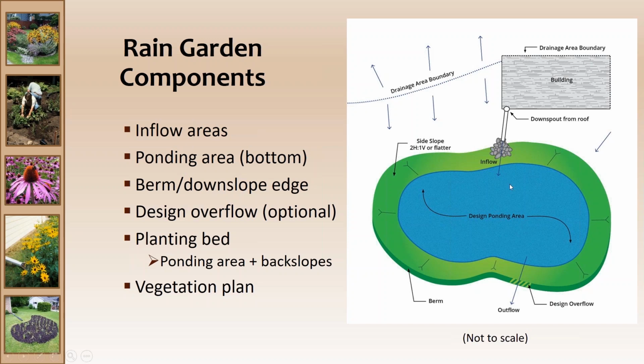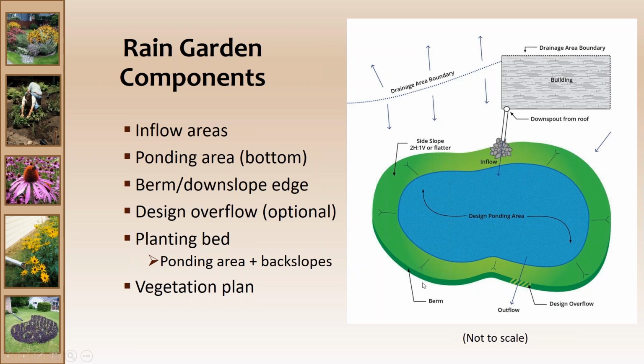You'll see the inflow areas coming in off of a downspout, or it also could be coming in off the lawns in this case. The design ponding area is essentially the bottom of the rain garden. I think in the administrative codes, they call it the effective infiltration area. The berm, or the downslope edge, which is kind of a weird term that we came up with, but I'll explain why we did that.